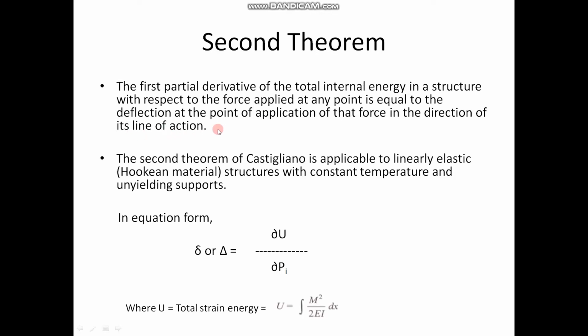It means that if we do the partial derivation of strain energy with respect to the load applied at a particular point, we will get the required deflection del at that particular point, where U, the total strain energy, can be calculated by doing the integration of M squared by 2EI dx.